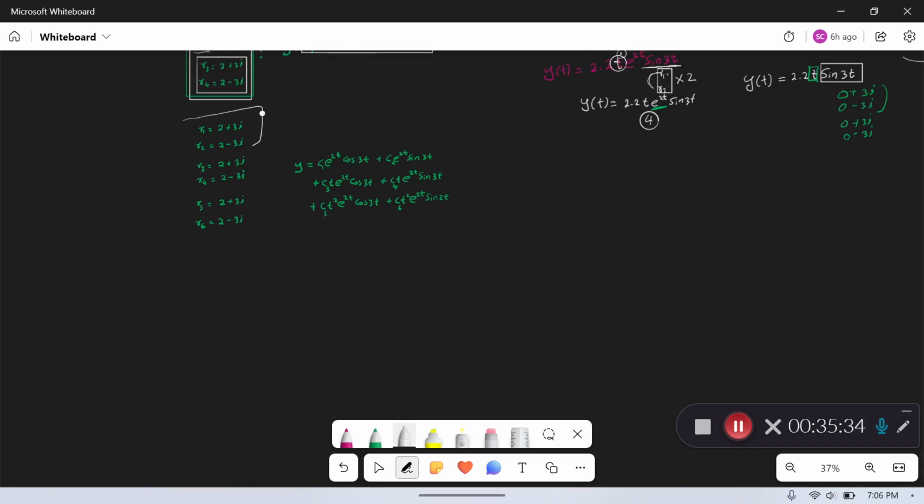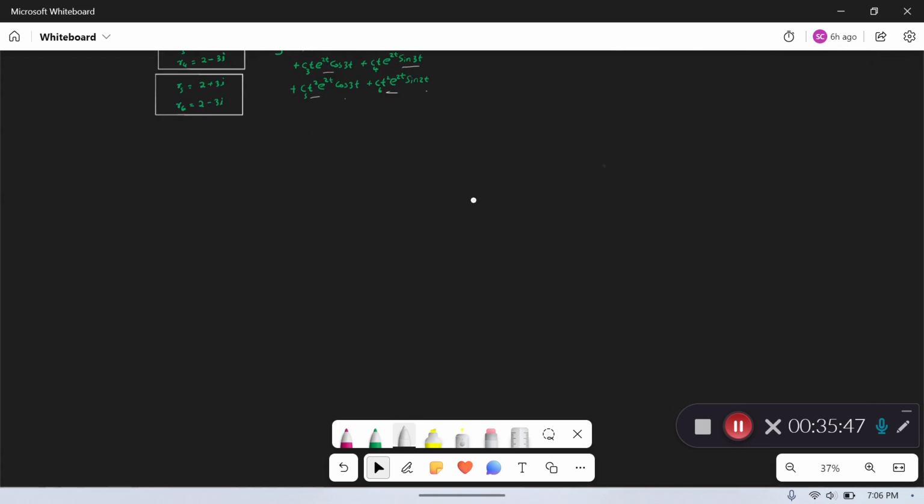Now, yeah, that's what I have done here. So when you have 3 roots repeated, you will get a square here. And all the roots were repeated, right? Now, how about something like this?